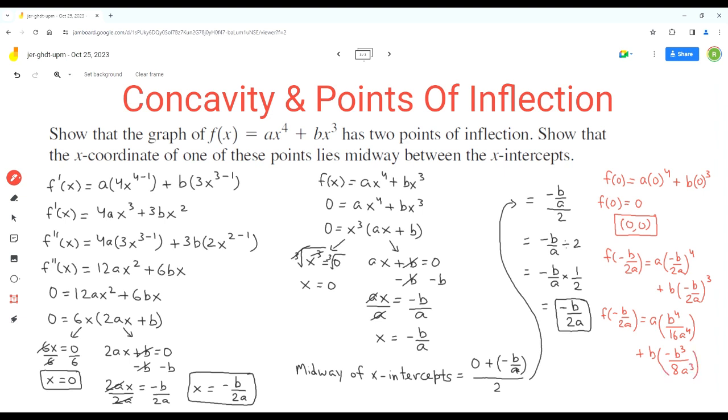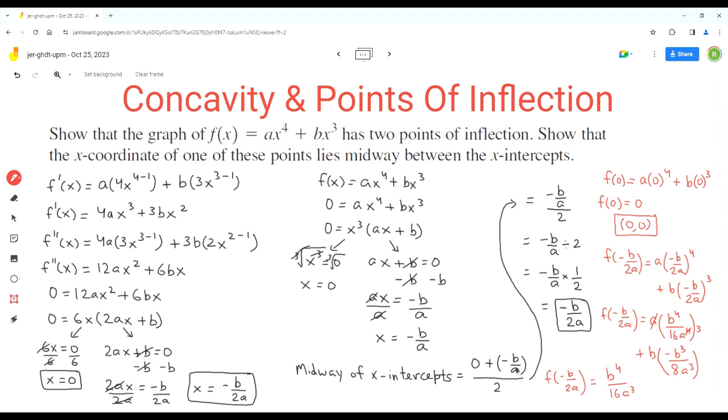Now we can simplify this expression further. So in the first part, the a in the numerator and one of the a's in the denominator can be cancelled out. So we are left with b to the power 4 over 16a cube.